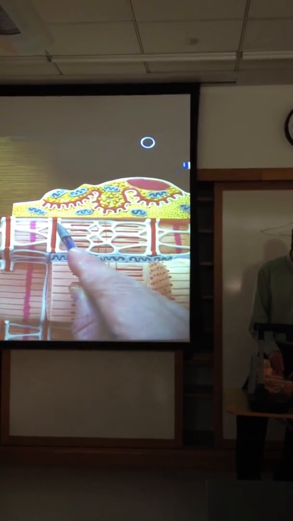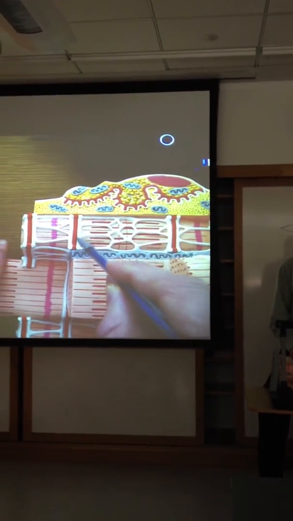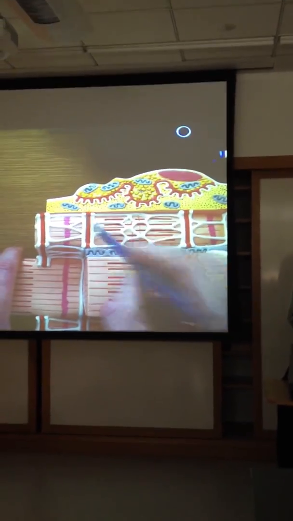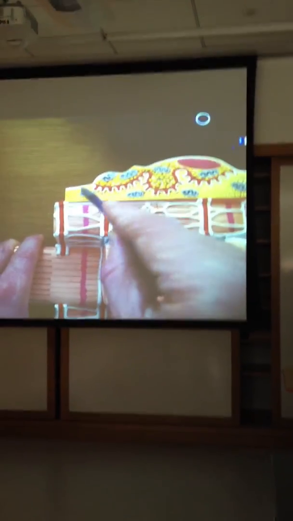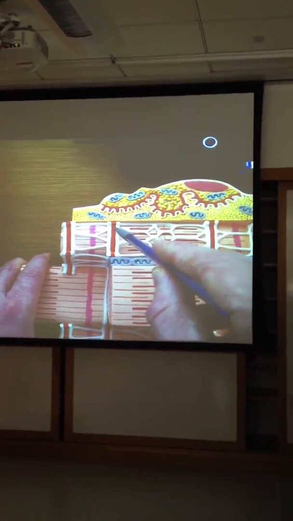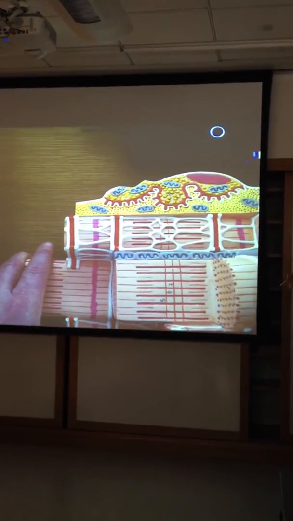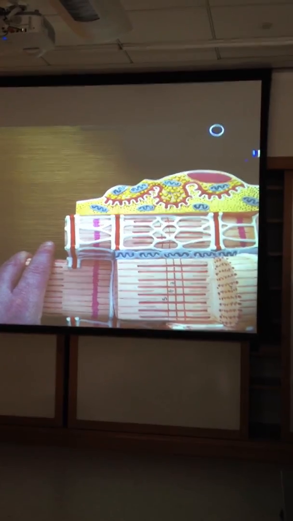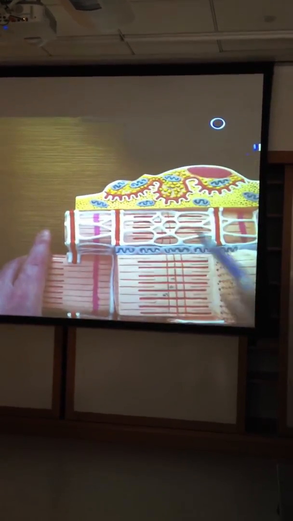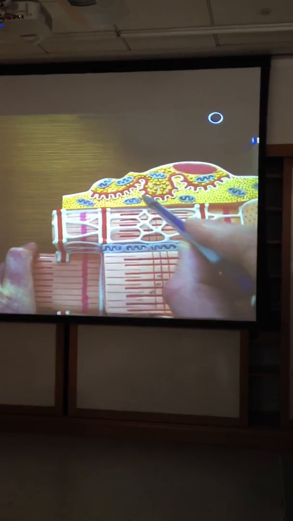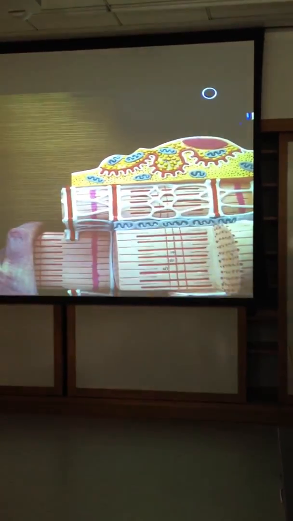The reason for the transverse tubule is it's basically a tunnel that allows the outside of the muscle cell, for all intents and purposes, to move into the middle of the muscle cell. So when the motor neuron stimulates the muscle cell, the action potential moves down the outside of the muscle cell, just like it does in a neuron.